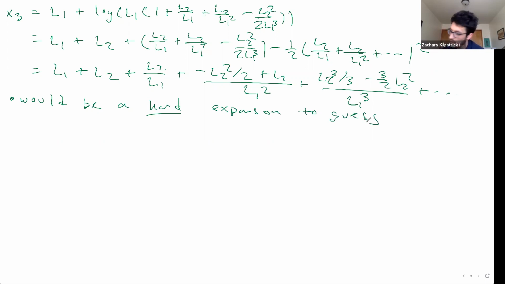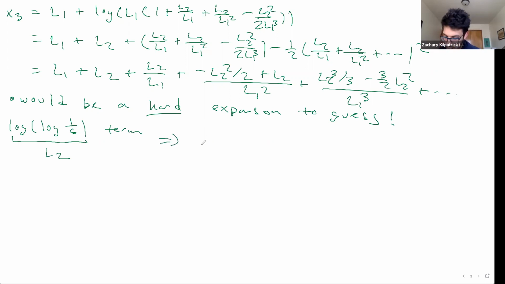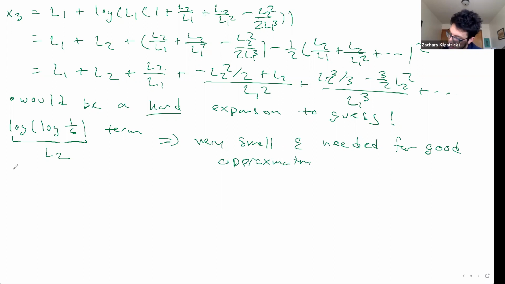All right. And let me also remark that the log of 1 over epsilon term, this thing that we were calling L2, right? A very small epsilon is needed for a good approximation, okay? What do I mean by that?